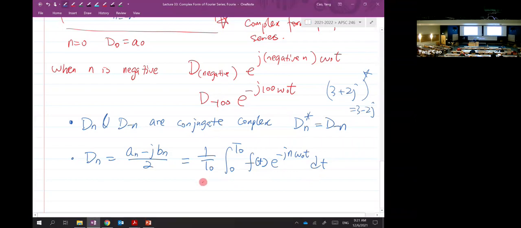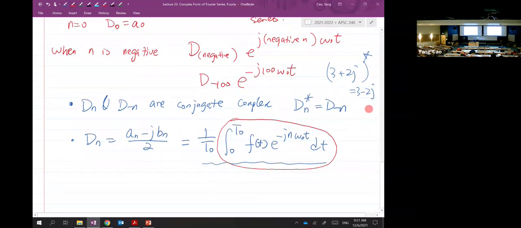So essentially, you can calculate dn either by calculating an and bn first and then calculating dn, or you can directly use this integral to calculate dn. I'll show you an example next. As a matter of fact, this portion right here is what we're going to learn next. This is essentially a Fourier transform formula.